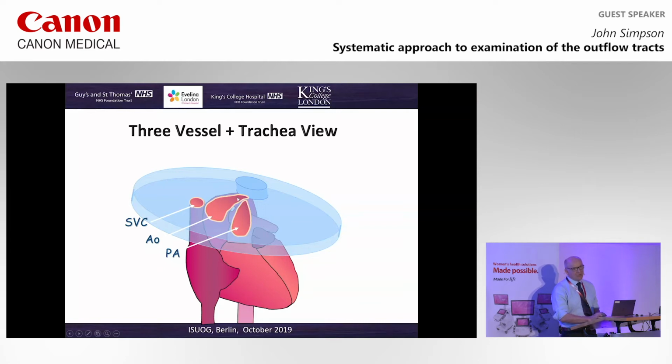So in this projection, you usually don't see the pulmonary artery branching because you're slightly higher than the plane of the pulmonary arteries. And this is probably the best view for gauging the relative size of the aorta and pulmonary artery for things like suspicion of coarctation or whatever, to look at these two vessels. And you should see the flow both going in the same direction, antegrade in the vessels towards the descending aorta.